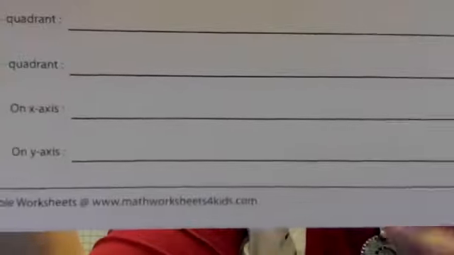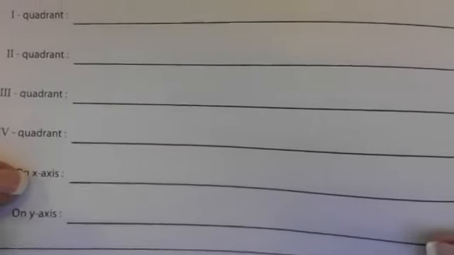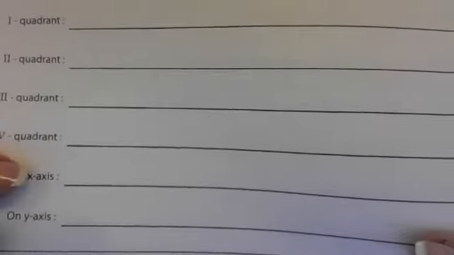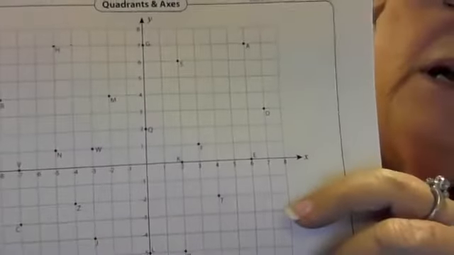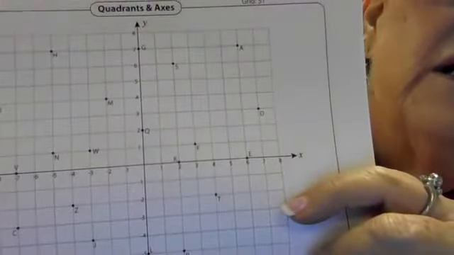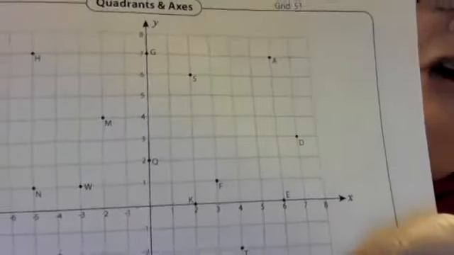And so down here, that's where you list these points, okay? So don't list the ones that are actually on the axis. They are not in the quadrant. So finish for me. A, D, F, S. Good job, Doris.